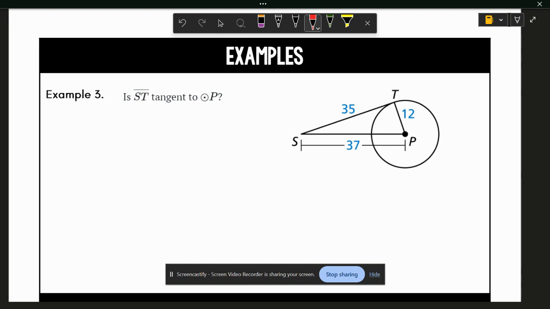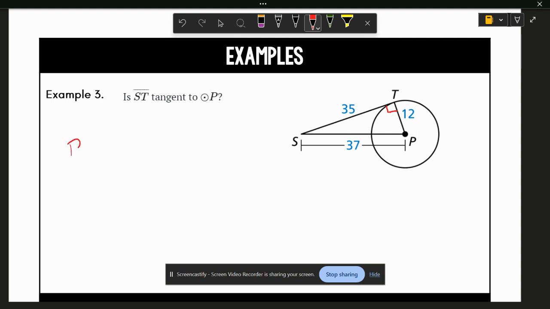Is ST tangent to circle P? So what we want to figure out is if this is tangent, then this creates a 90-degree angle. How we could determine whether this is tangent or not is by using the Pythagorean theorem to prove that 12 squared plus 35 squared is equal to 37 squared.